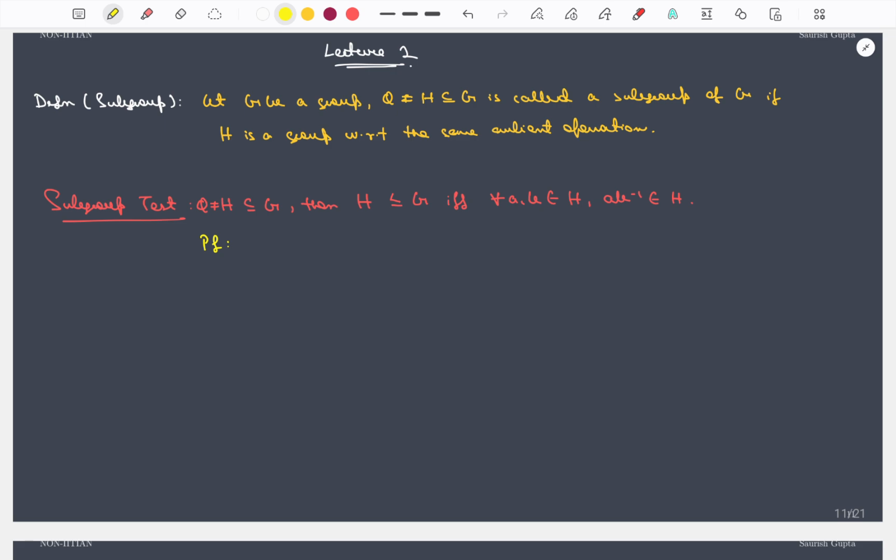So all we need to check is whether the identity is in H, whether it's closed under inverses, and whether it's closed under the operation itself. But that's quite easy to observe from here, as if b is in H, then by hypothesis b times b inverse must be in H. So that implies 1 must be in H. So now again, if b is in H, since 1 is in H, 1 times b inverse, which is b inverse, must be in H.